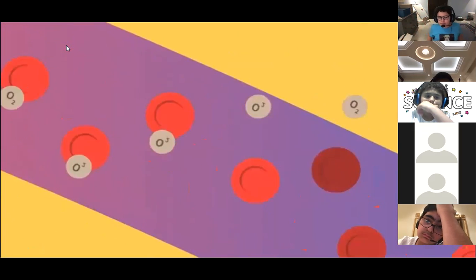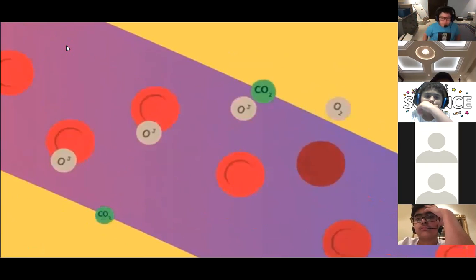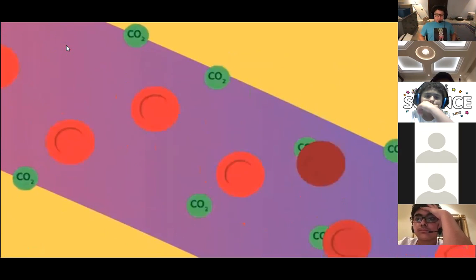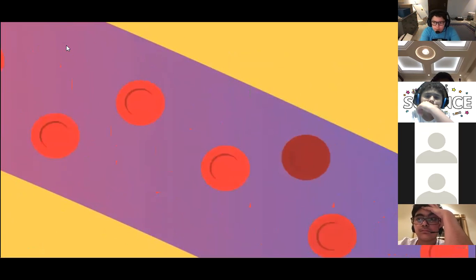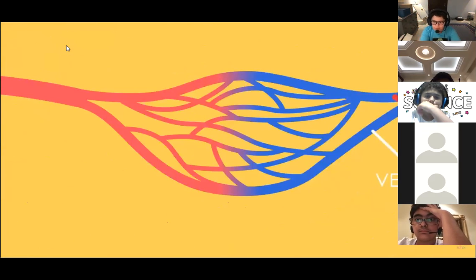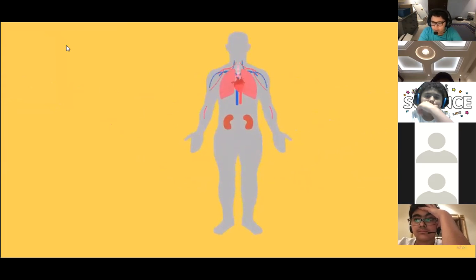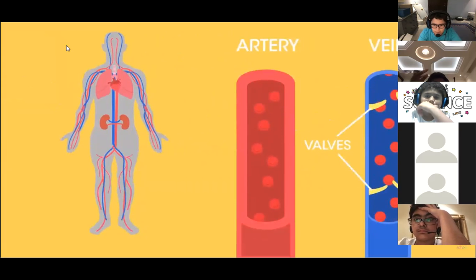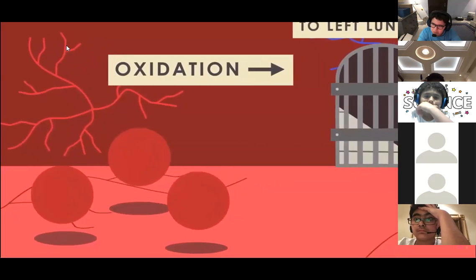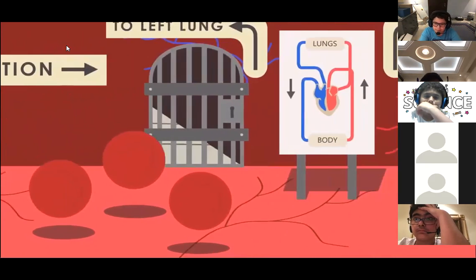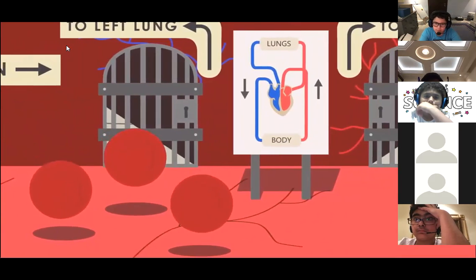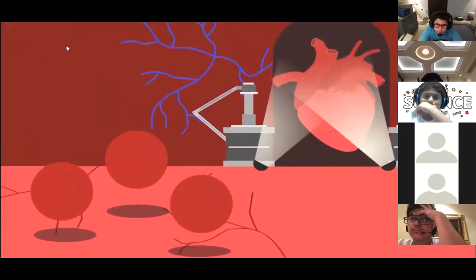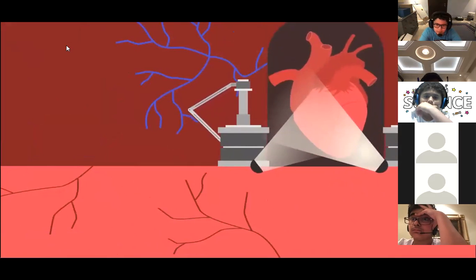Here, oxygen is offloaded onto cells, so blood becomes deoxygenated and carbon dioxide and other waste products are picked up. Deoxygenated blood then travels away from the capillaries into the venules and then into the veins. Unlike arteries, veins have much thinner walls and valves that prevent deoxygenated blood from flowing backwards. This deoxygenated blood doesn't travel straight to the lungs to become oxygenated. It must first travel to the heart so it can be pumped into the lungs, ready for another round.